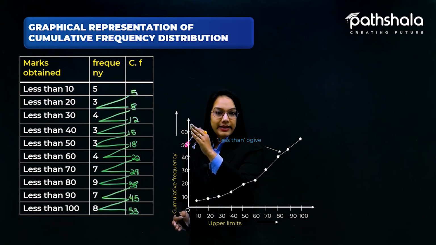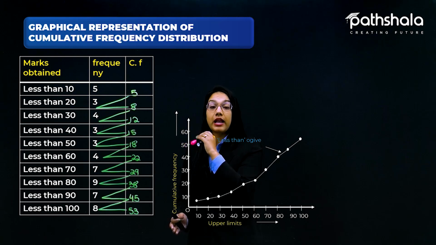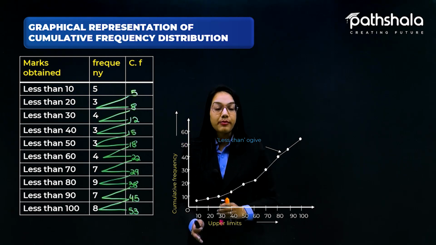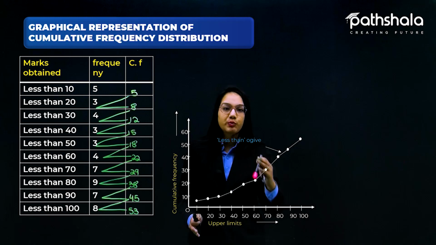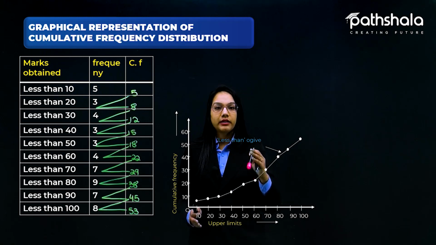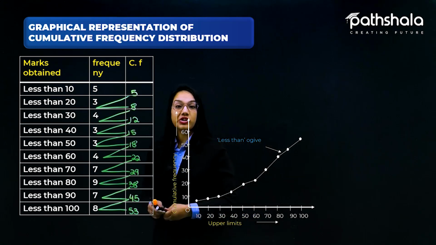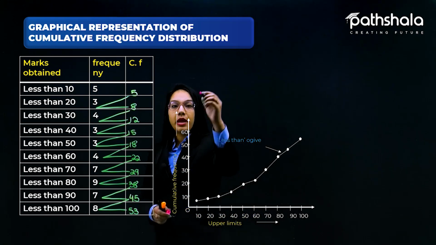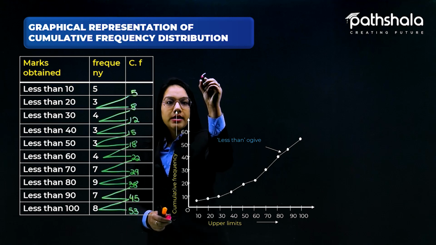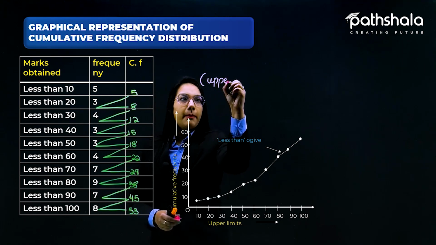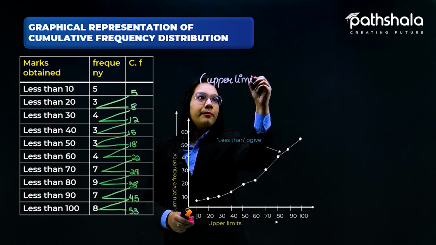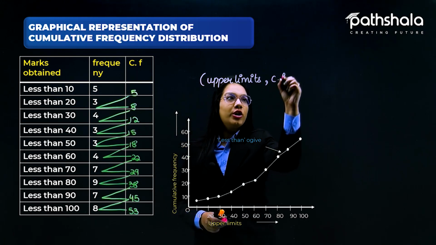I'm taking a gap of 10 along the y-axis, and now I start plotting all these points on this coordinate axis. The coordinates are of the form upper limit, comma, cumulative frequency.